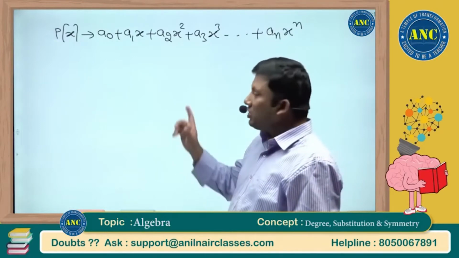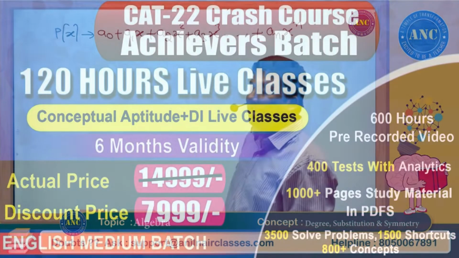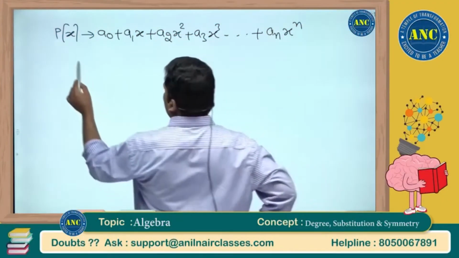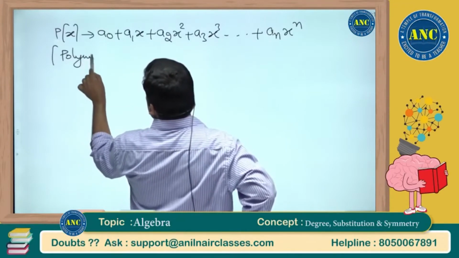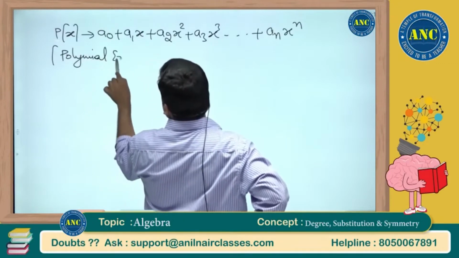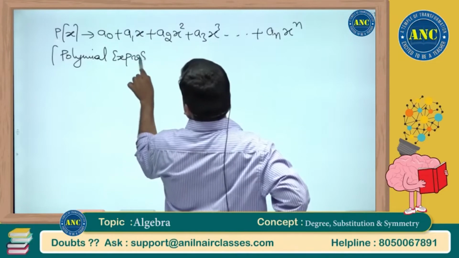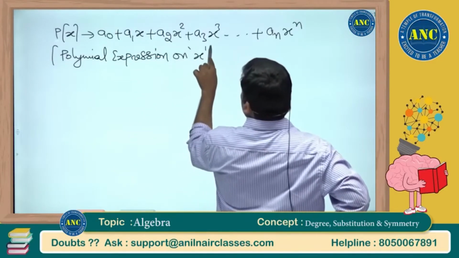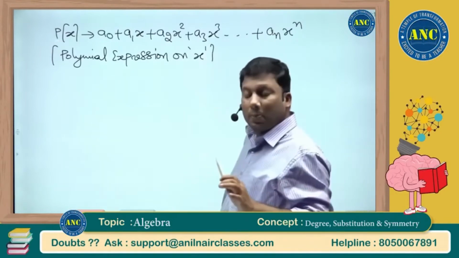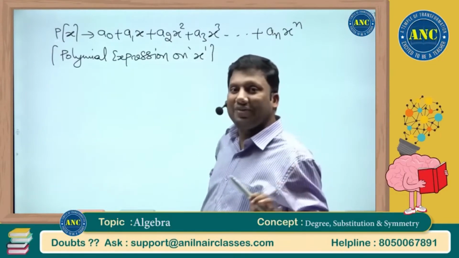A polynomial expression will be of the form a0 plus a1x plus a2x square and so on up to an x power n. This is a polynomial expression on x. This expression is not equated with anything.